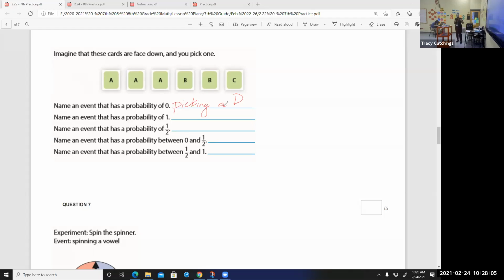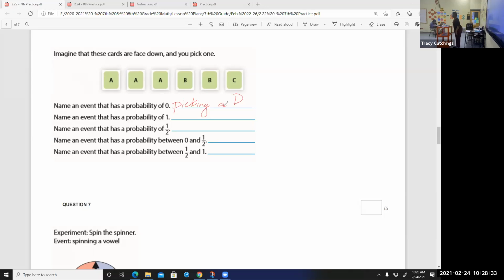All right, now let's say probability of 1. That means all of those letters. What characterizes all of those letters? All 6? C? Anybody else? A? What else? What do you recognize about those alphabets? More than one. I don't only have one.